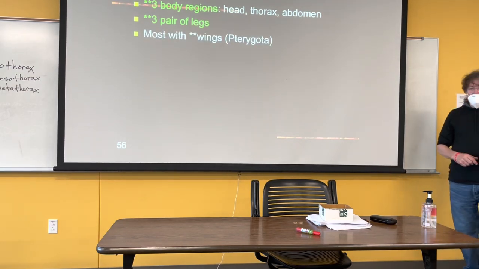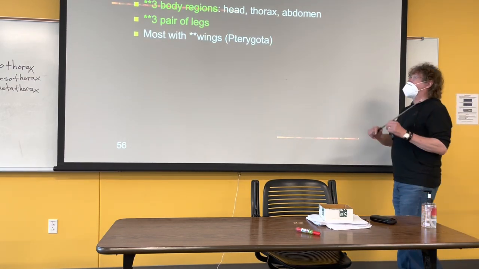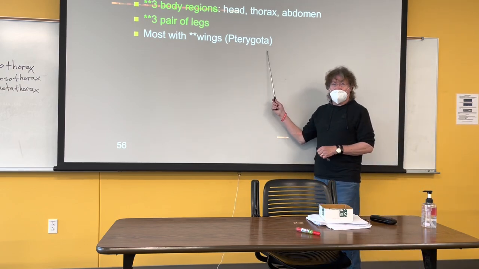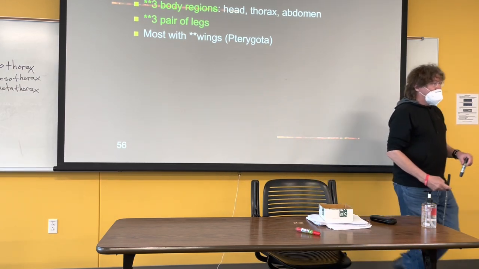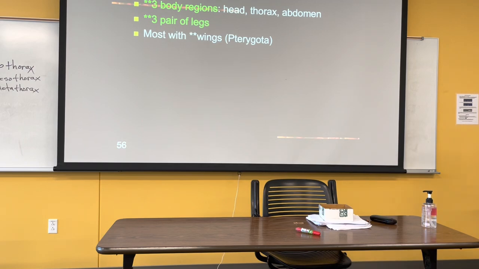Now, another monophyletic group within the insecta is Pterygota. They have wings. So we go here, we have silverfish. Down here, something called springtails. And there's one other group, we don't need to worry about it.